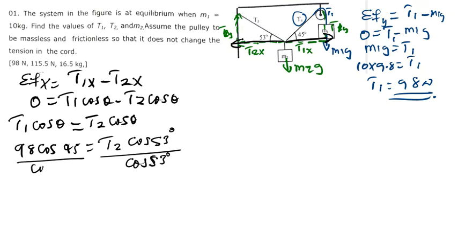So therefore T2 will be equal to, if we get our calculator, 98 cos 45, the answer I find divided by cos 53. So the answer I'm getting is 115.14.